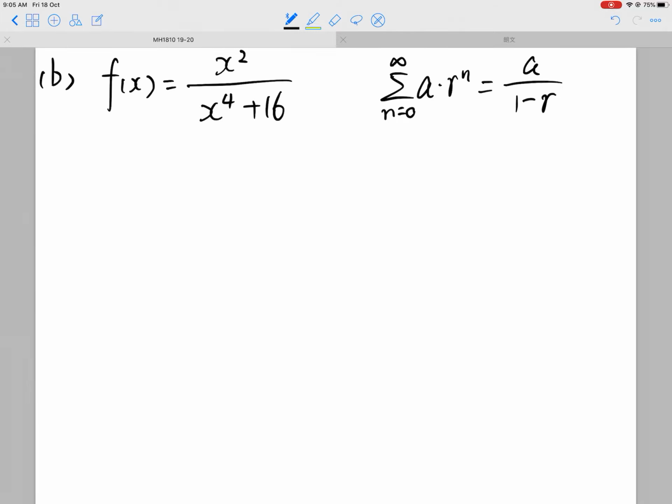On the top, I want a constant. Here I have x squared, so I can just put x squared in front, or I don't even need to do that. Then this top is my a. The only thing I need to change is I want this to be my 1, so I just divide by 16 on both sides.